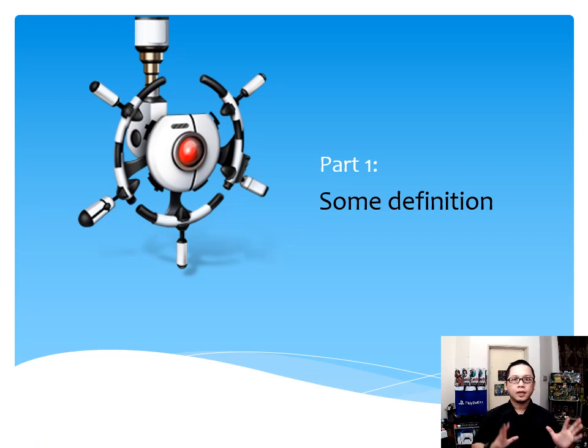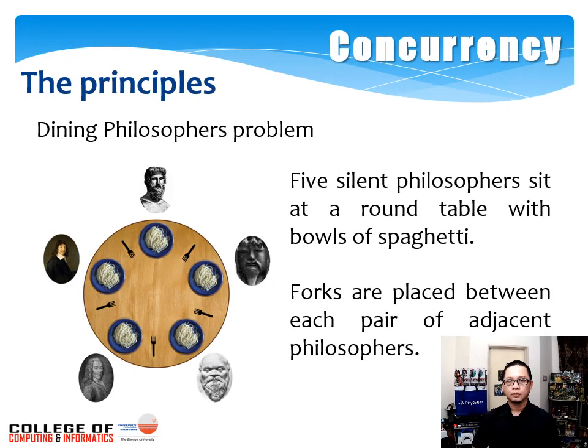First of all, let's get over some of the important definitions related to concurrency and mutual exclusion. In order to describe the problem of concurrency, we look at the dining philosophers problem. In the diagram, you have 5 philosophers, and they need to finish 5 bowls of spaghetti.